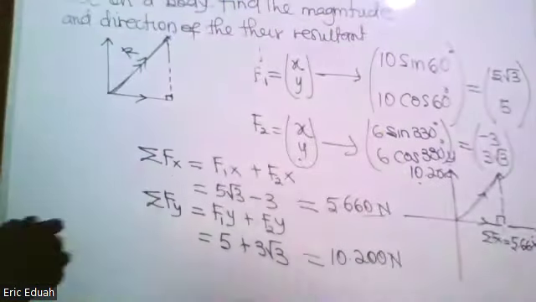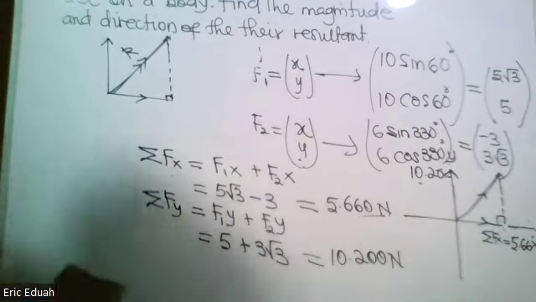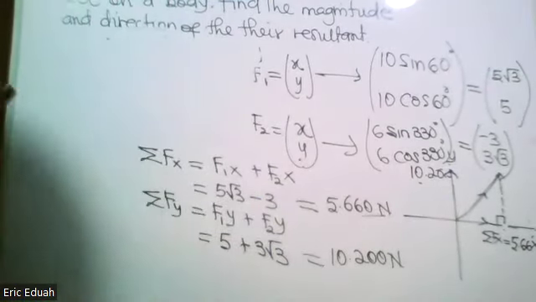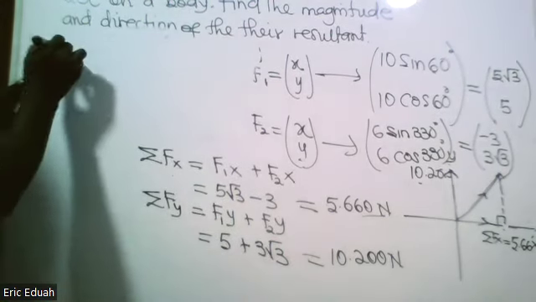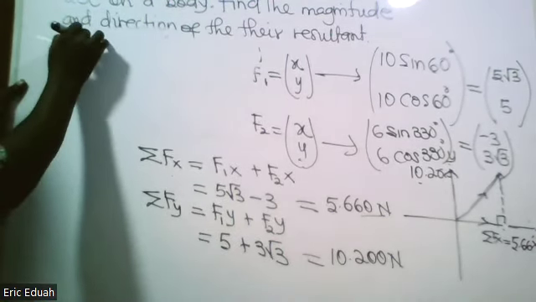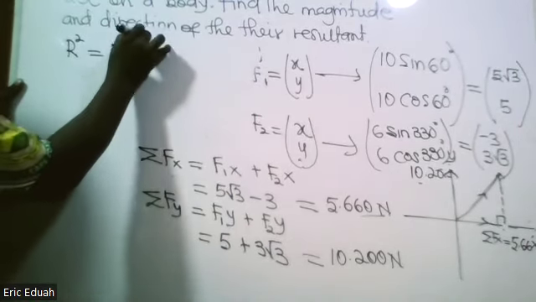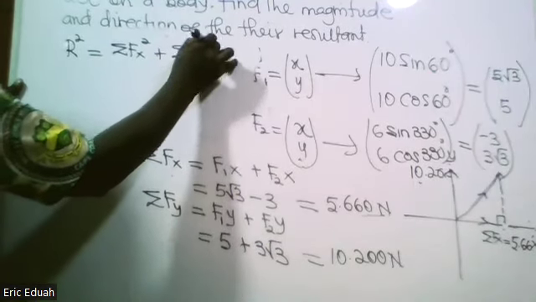And you can now use Pythagoras theorem to find the resultant. So let's use Pythagoras theorem to find the magnitude of the resultant. The magnitude of R squared will be equal to summation of Fx squared plus summation of Fy squared.